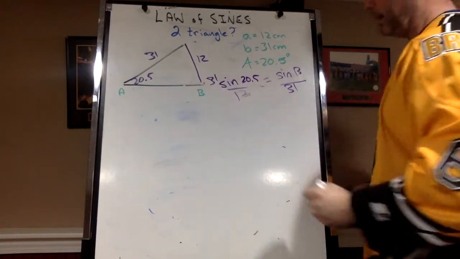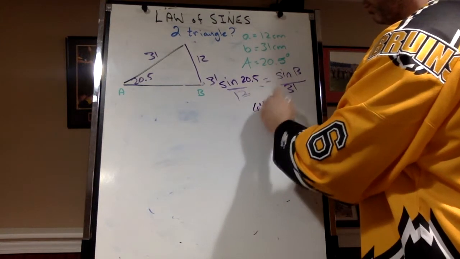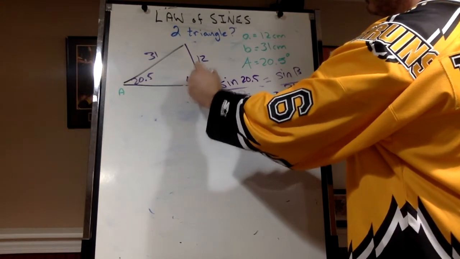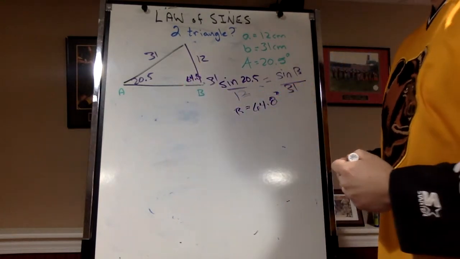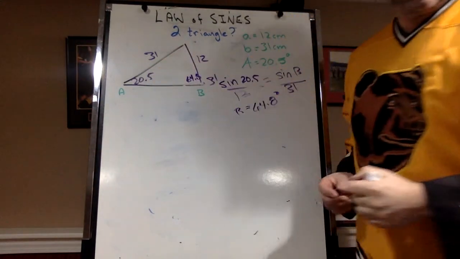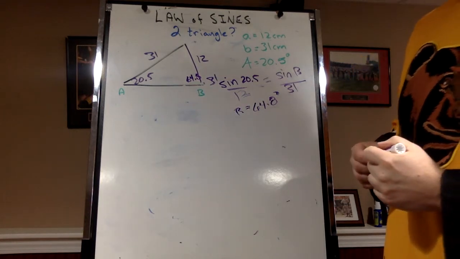Multiply the 31 up, do all the math out, and you get 64.8 degrees is B.